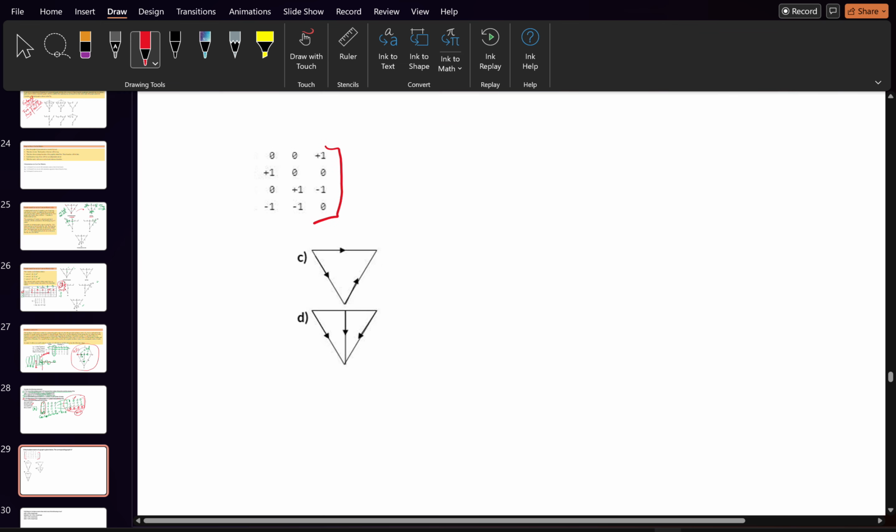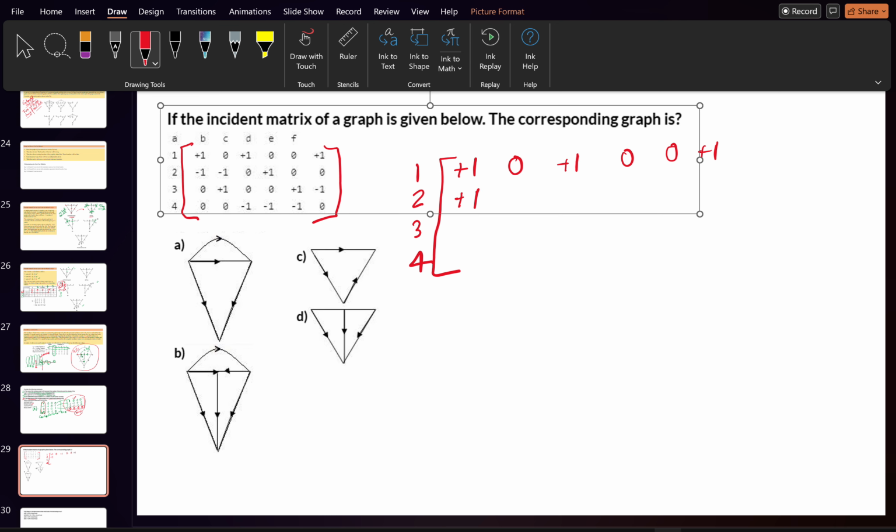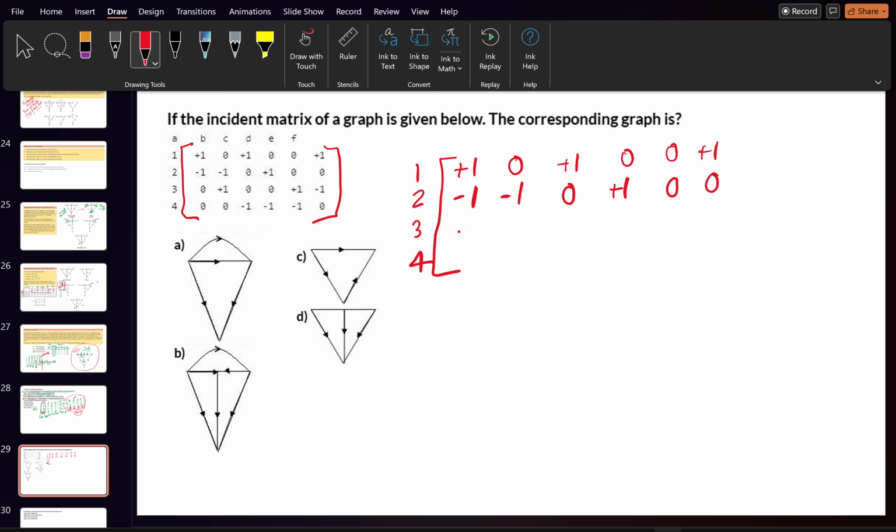Let me write it so that there will be more clarity. Suppose these are nodes 1, 2, 3, 4. Four nodes are there, and the entries are plus 1, 0, plus 1, 0, 0, plus 1, then minus 1, 0, plus 1, 0, 0, and here 0, plus 1, 0, 0, plus 1, minus 1.